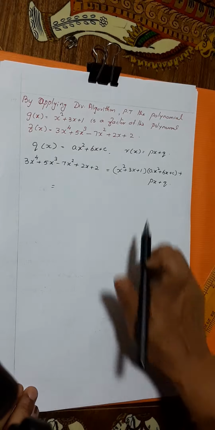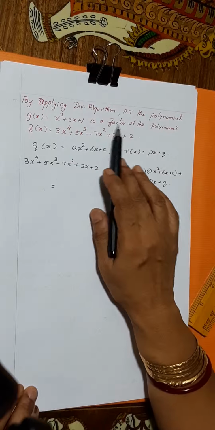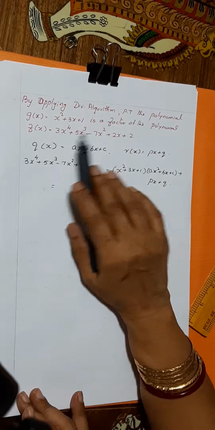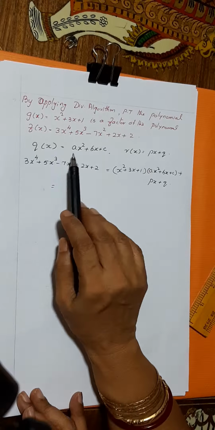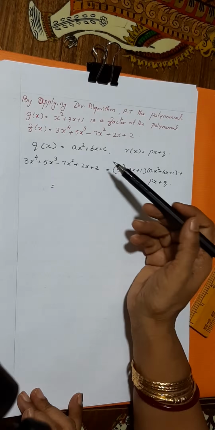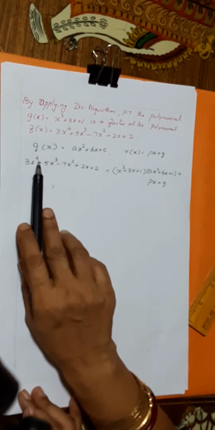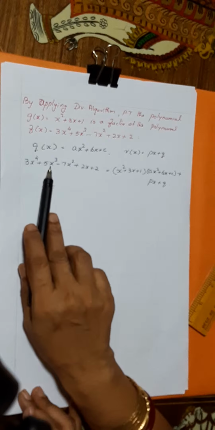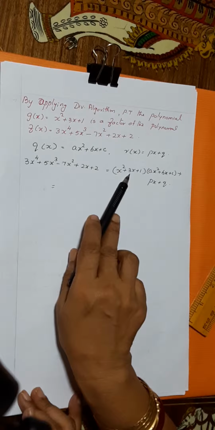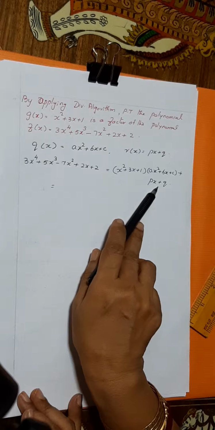By applying the division algorithm, prove that this polynomial is a factor of this. So it is the same method as the previous problem. So please write down all the steps. I have straight away written this: the dividend is equal to divisor into quotient plus the remainder.